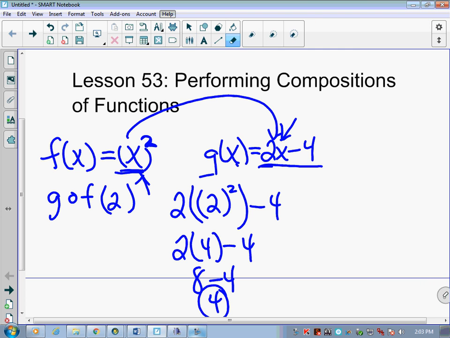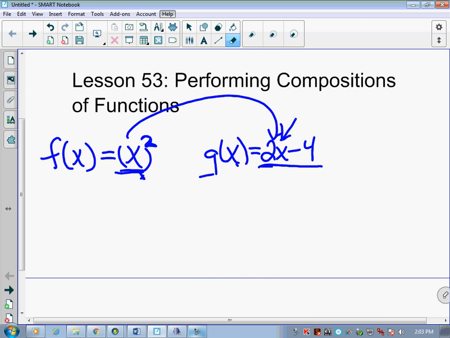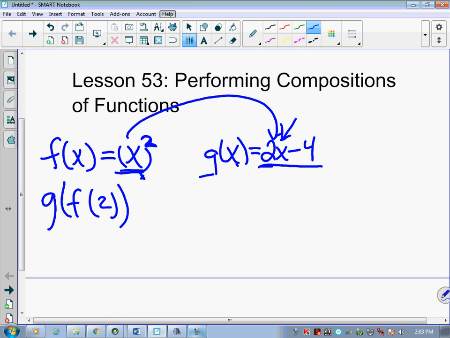All right. The other way that they may represent our function is if they do something like this. It's the same thing as g of f of 2. It's just a different way of writing that. Follow me so far? Okay. All right.